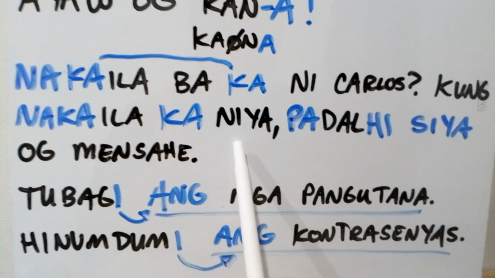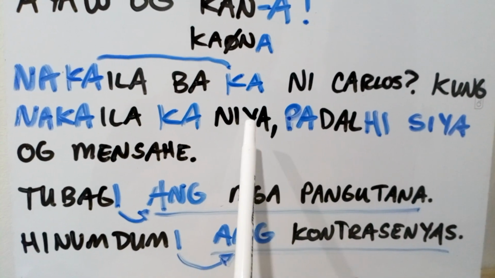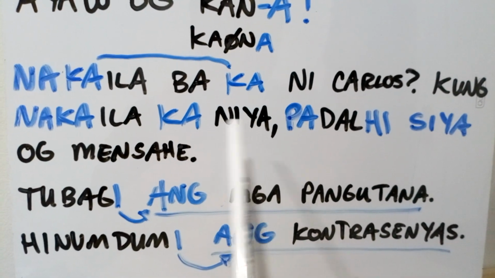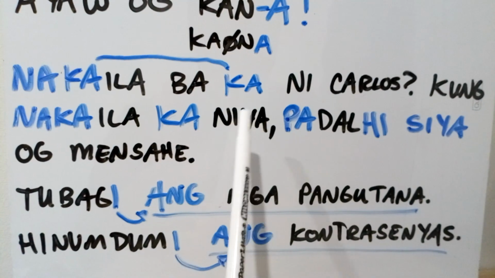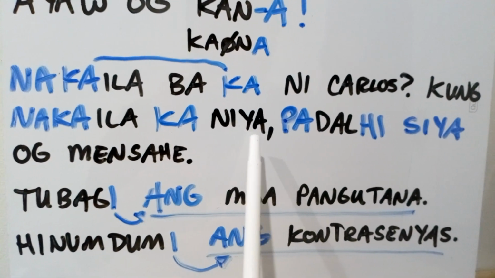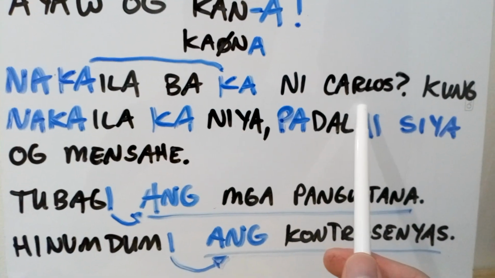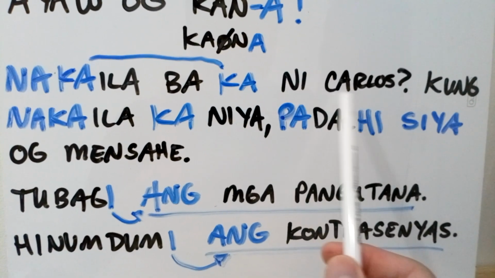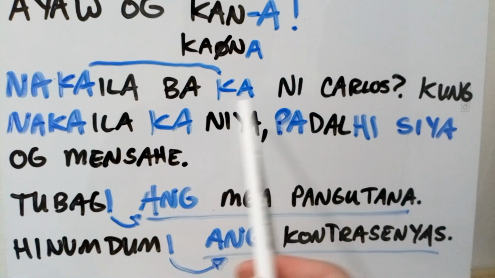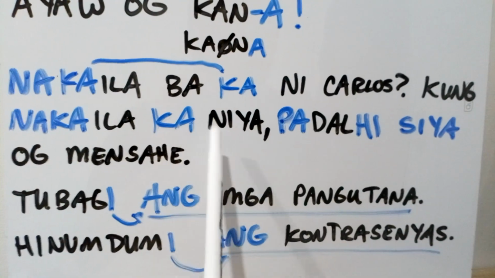Remember, the ergative pronouns can also be replaced with the non-focal nouns and pronouns. So if I know specifically who this person is, I can use the non-focal marker ni and place his name. Similarly, if I don't know the person's name, I can say nakaila ba ka niya. Kung nakaila ka niya or kung nakaila ka ni Carlos.